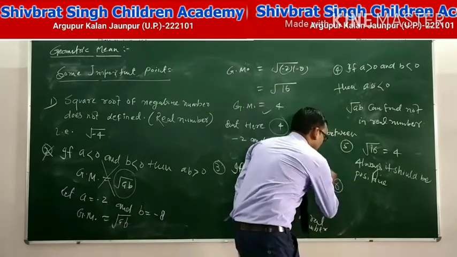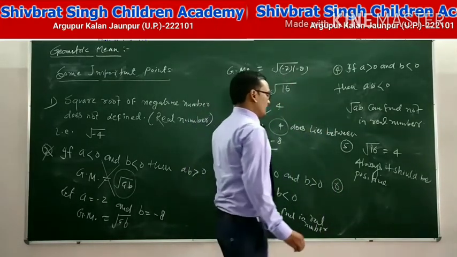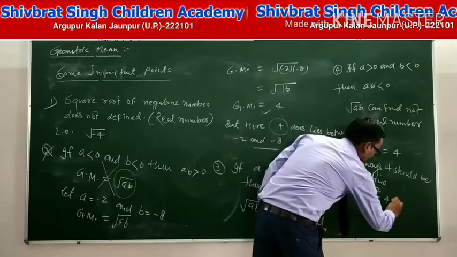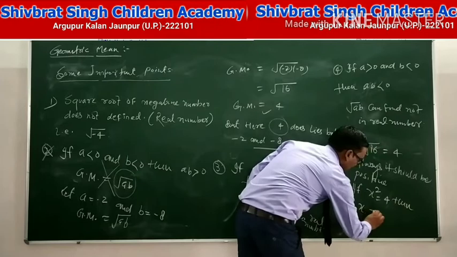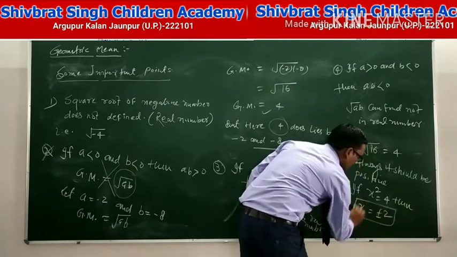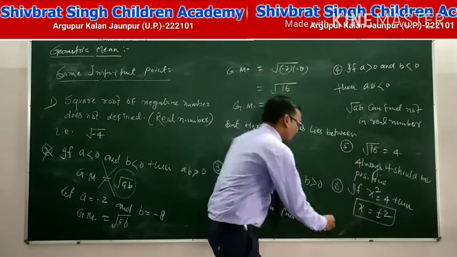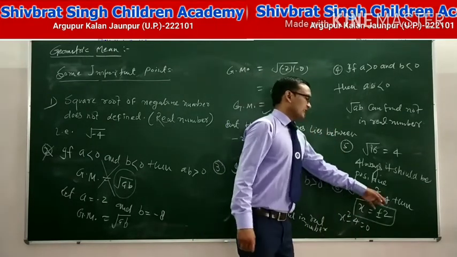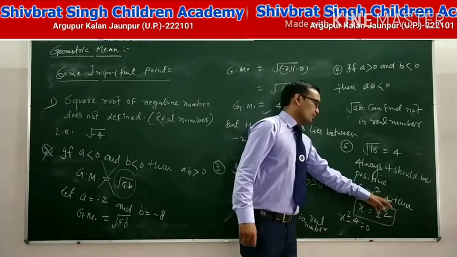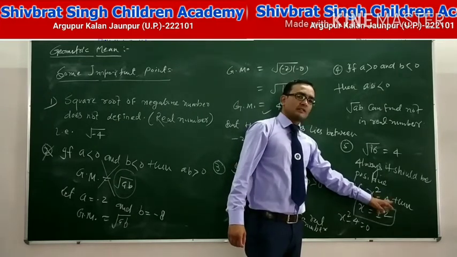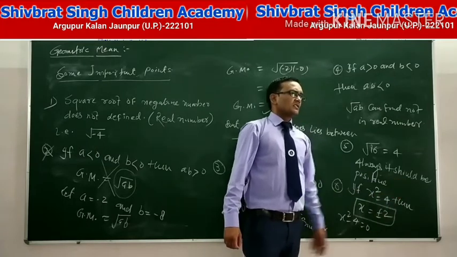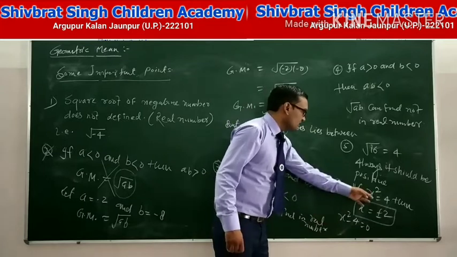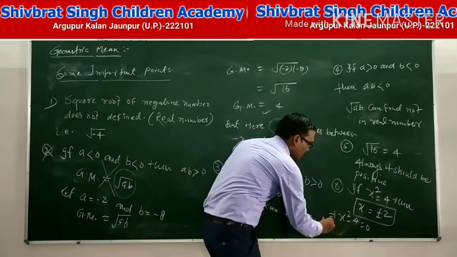And sixth point, if x square equals 4, then the value of x equals plus or minus 2. Why? x square minus 4 equals 0. The 4 is on the right hand side; we transfer it to the left hand side with a sign change, giving x square minus 4.